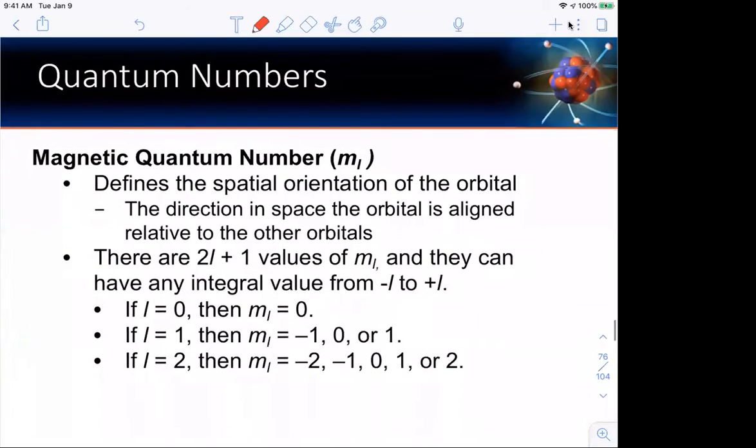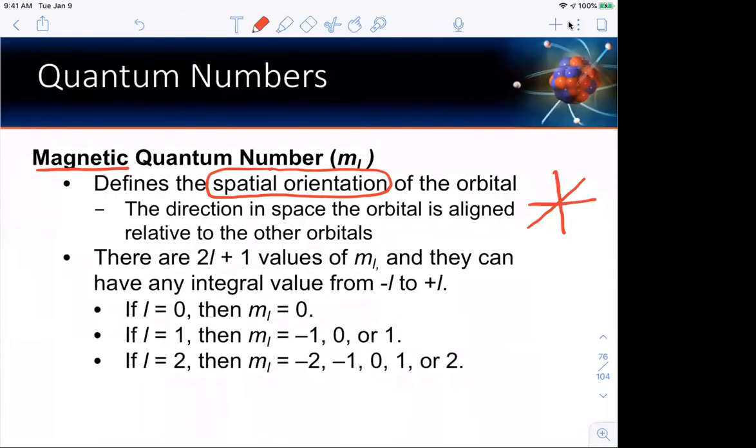I also have something called a magnetic quantum number. And this is the spatial orientation of the orbital. This is the direction in space the orbital is aligned relative to the other orbitals. So we're going to look at the XYZ plane. If I look at the coordinate plane, I'm going to define my spatial orientation of orbitals.